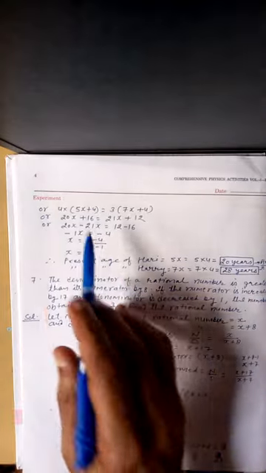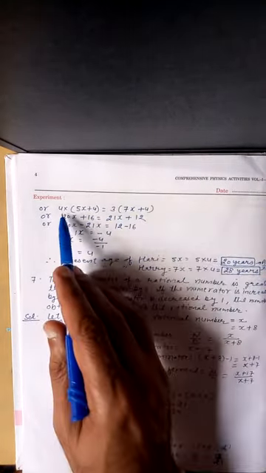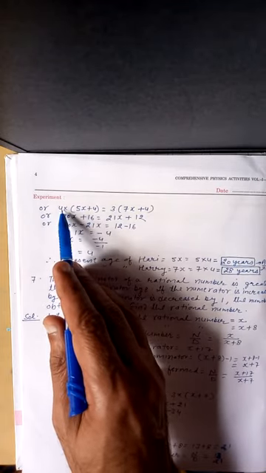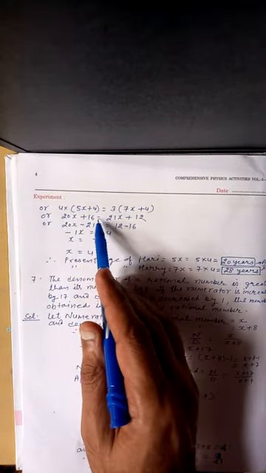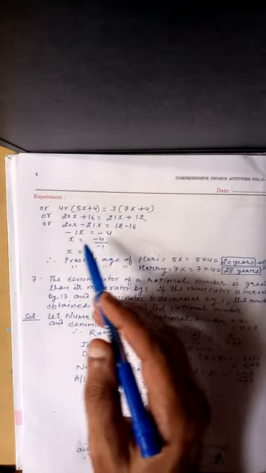Now we will cross multiply, as in question number 1 and 4. 4 into 5x plus 4 is equal to 3 into 7x plus 4. 5 4s are 20x, 4 4s are 16, is equal to 3 7s are 21x, 3 4s are 12.